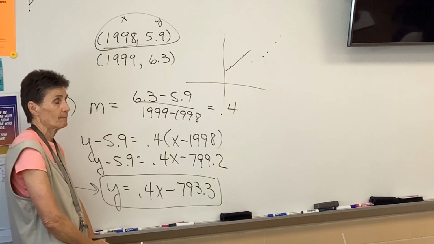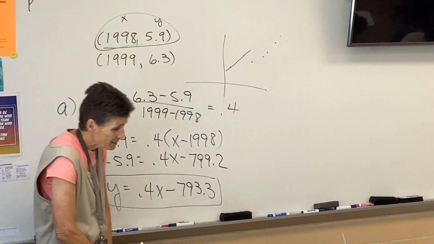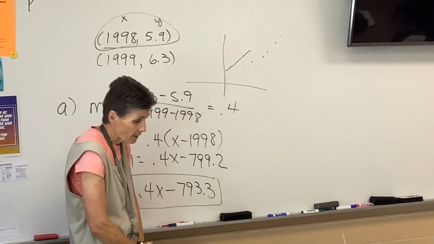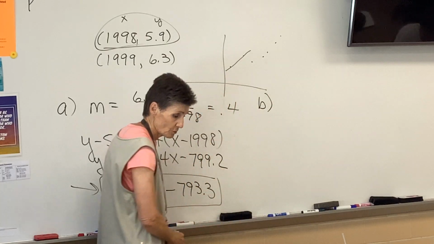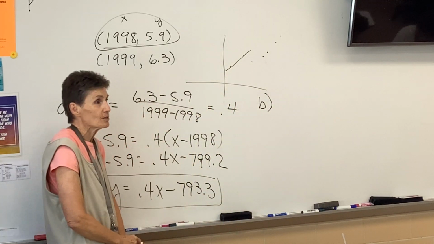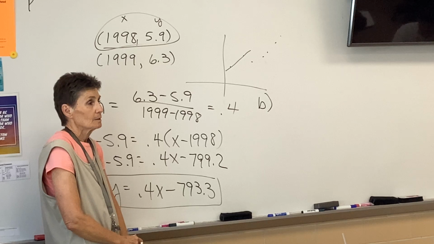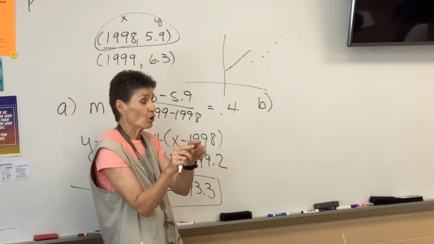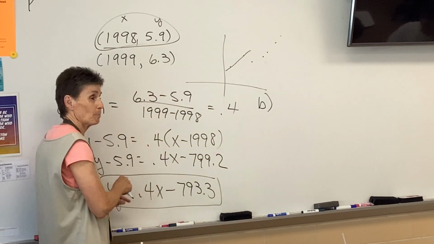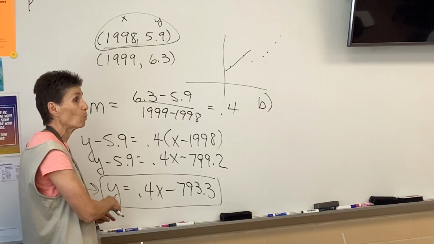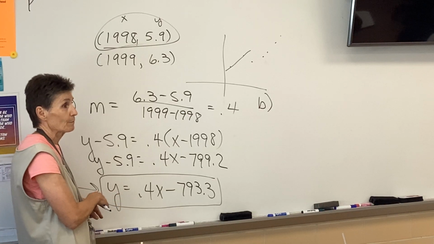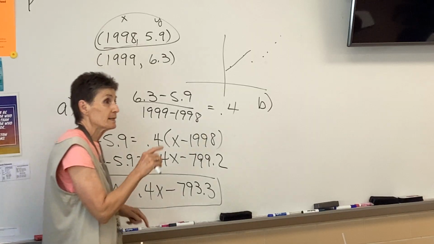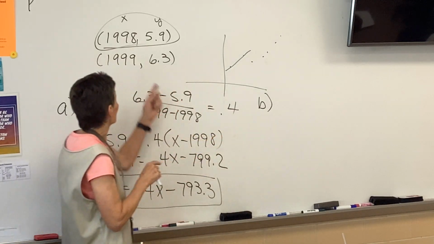Here's my line. Now what does part B say? Use the equation to estimate expenditures in 2002. Now I know I can look at my chart and get that data, but I want the predicted value. What would my equation tell me about 2002? What would I do? Plug in 2002 for which one?